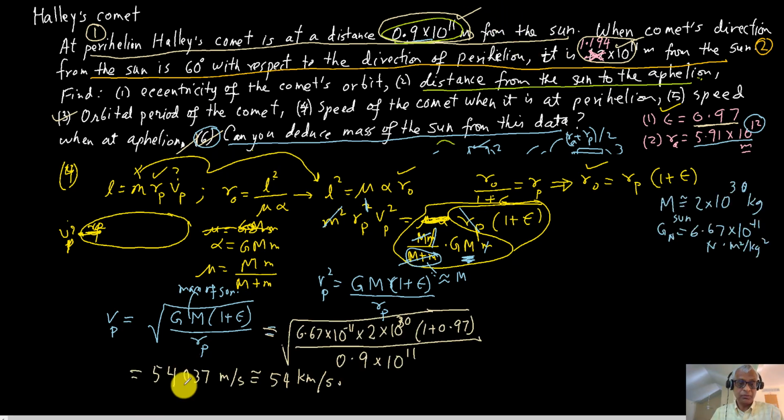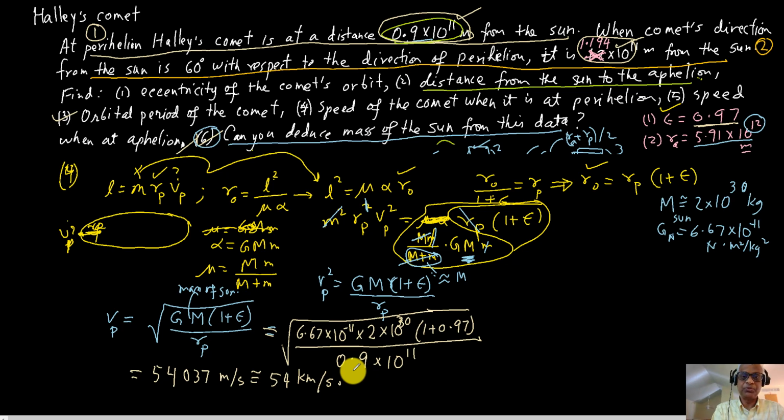Okay, so I put the numbers in and calculate it out, and we have about 54,000 meters per second. It's like 54 kilometers per second. That's pretty fast, and I think this is pretty close to the correct answer here.